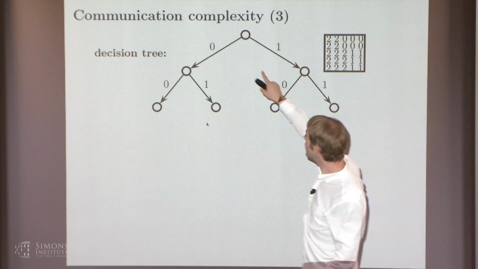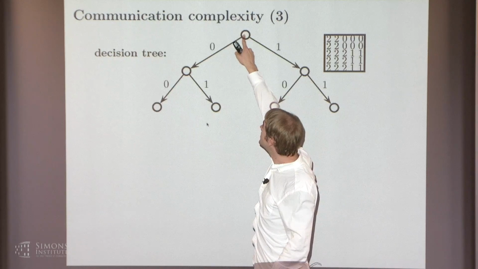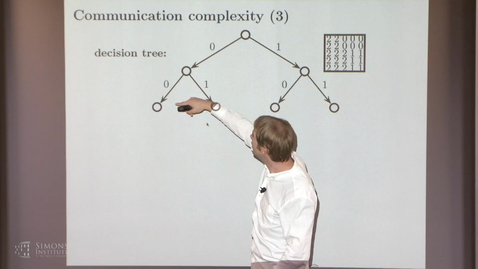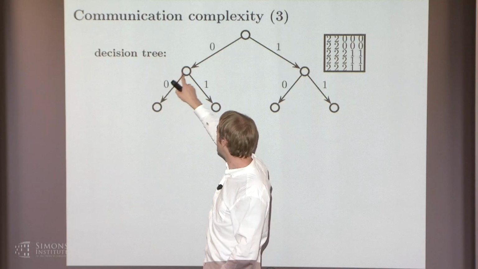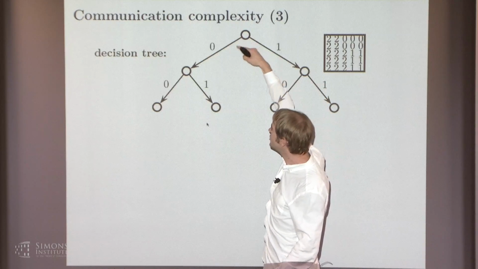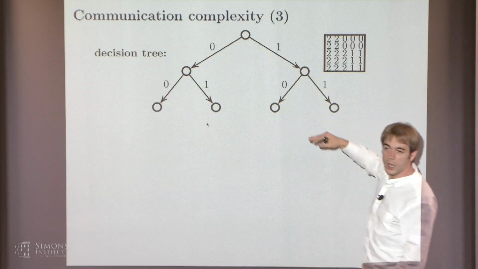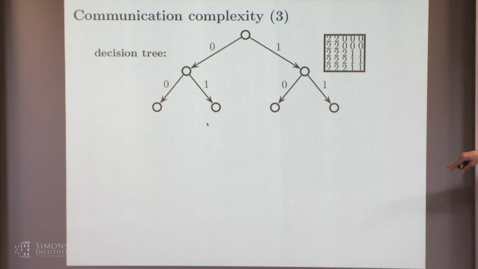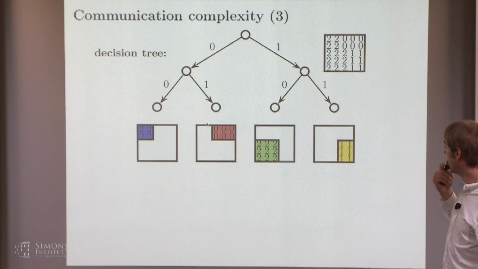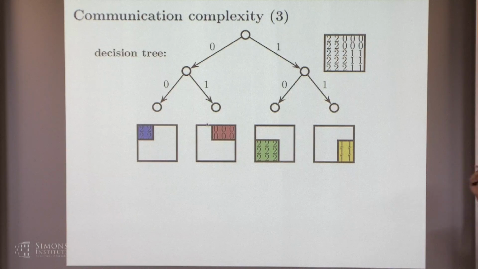This is the beginning of the protocol, and then let's say Alice either sends a 0 or she sends a 1, maybe then it's Bob's turn, then Bob either sends a 0 or a 1, and so on, and the number of bits they exchange is the length of the protocol, corresponding to the depth of the tree. And at the end of the protocol, they are sure that they both know the value of the function.